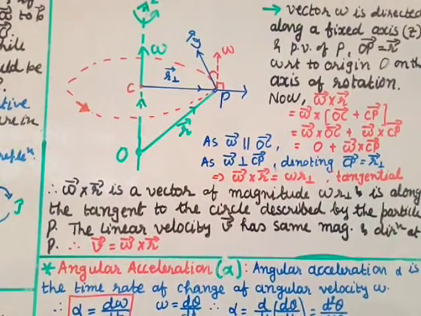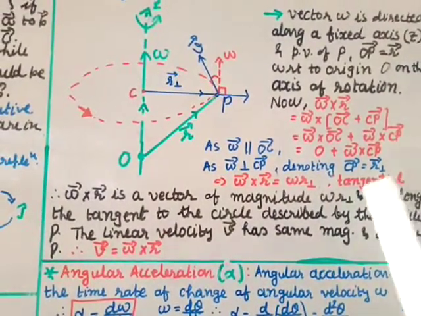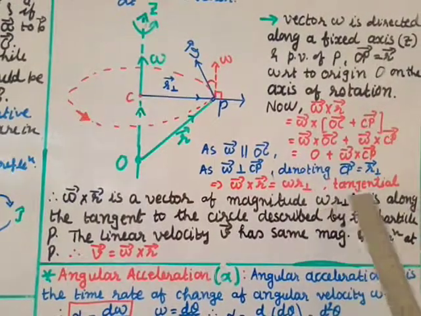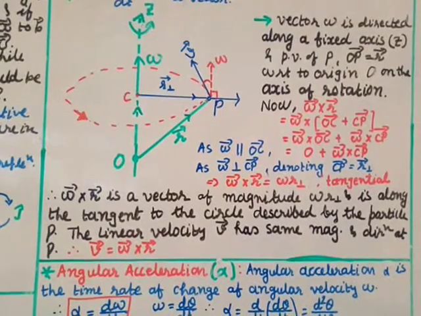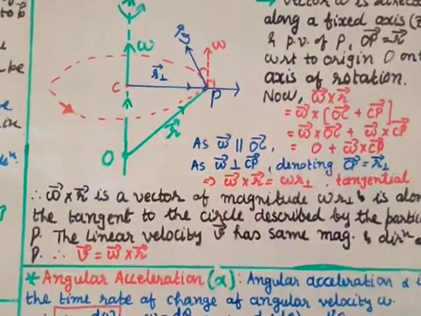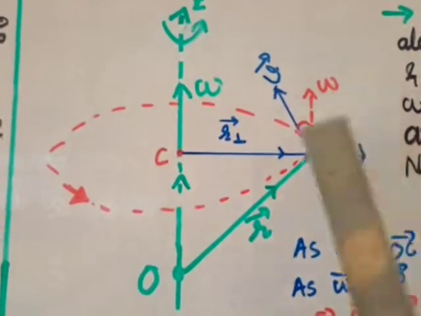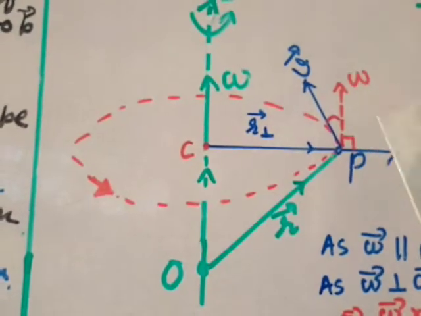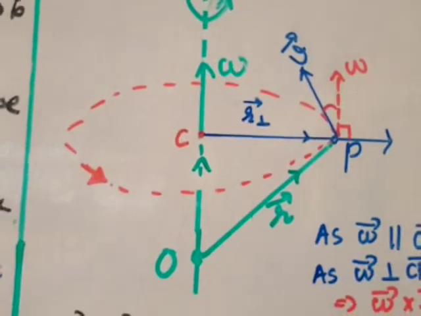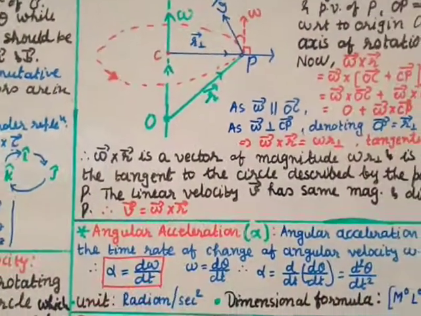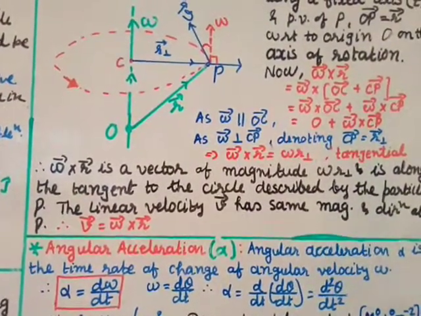As I was saying, omega cross R is a vector of magnitude omega R, along the tangent to the circle described by the particle P. So it will be tangential. The cross product of omega and R is tangential to the circle, in this direction, and it is the same as the linear velocity in magnitude and direction both.